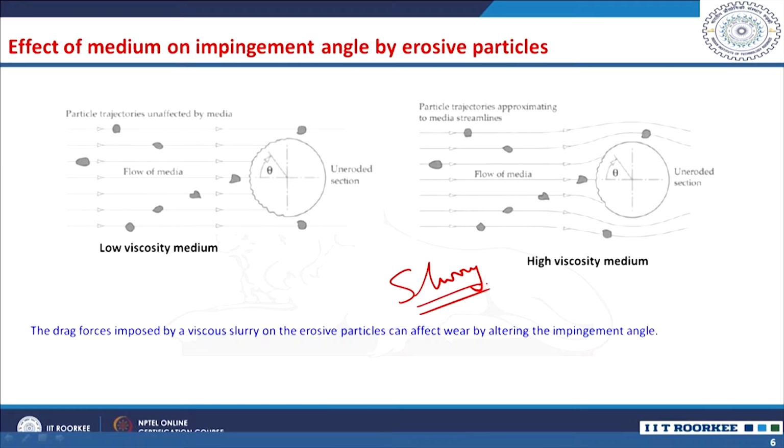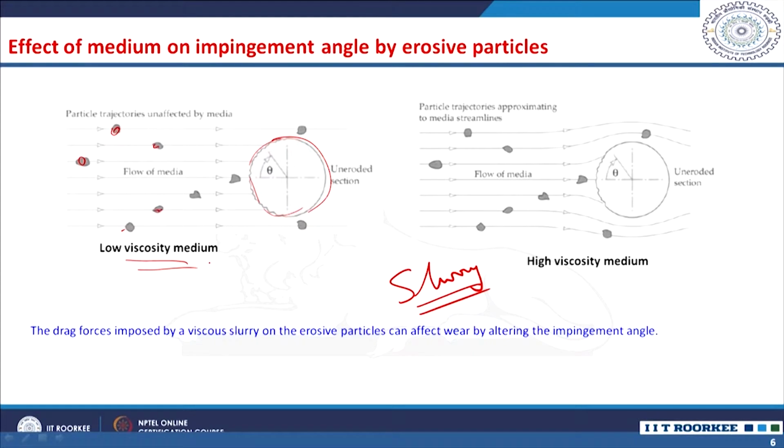If there is a difference in the viscosity of the medium in which the particles are flowing and then impinging on the surface, then depending on the viscosity, there will be a difference in the overall material removal.